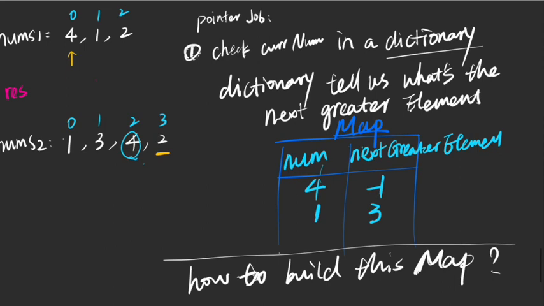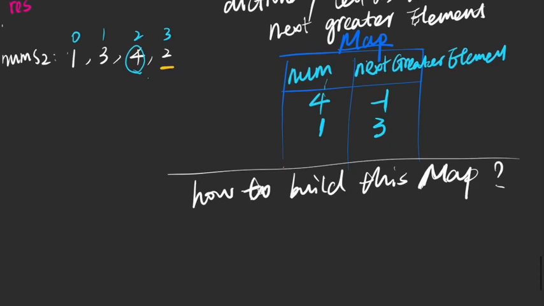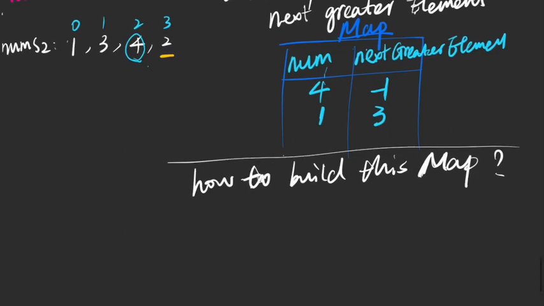We will build it according to the nums2 array. Now we just focus on how we build this map. We have this array, nums2: 1, 3, 4, 2.